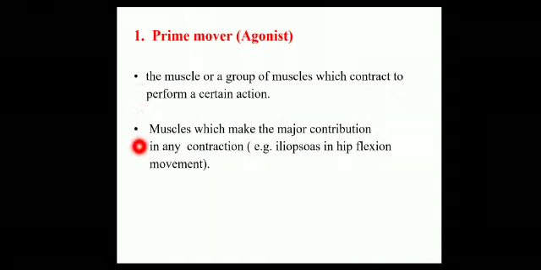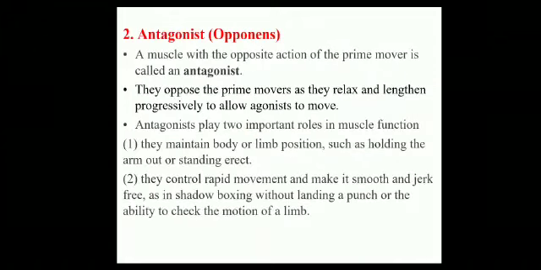For example, when we want to flex the forearm at the elbow joint, the prime mover is biceps brachii. And when we want to extend the forearm at the elbow joint, the prime mover is triceps brachii. So the muscle which is primarily involved in a movement, primarily contracting muscle, is the prime mover or agonist.